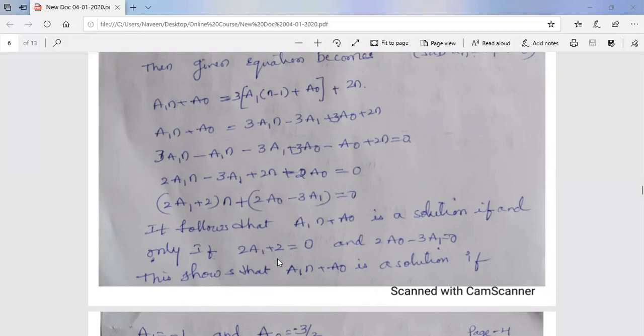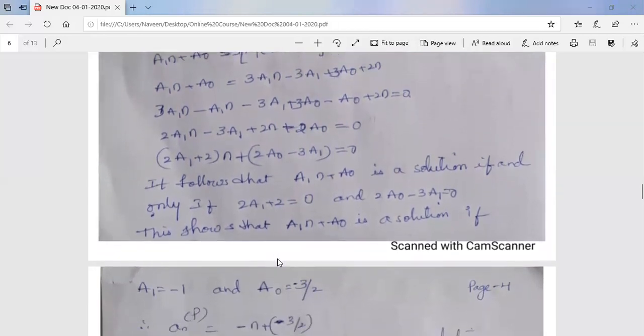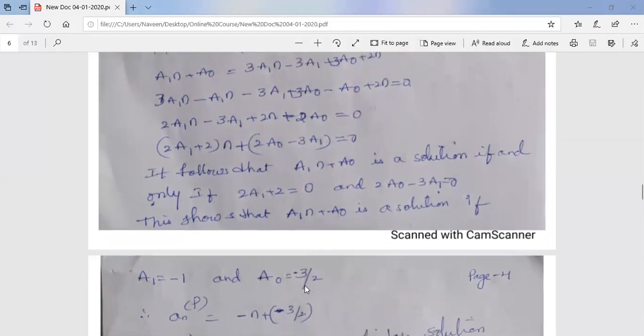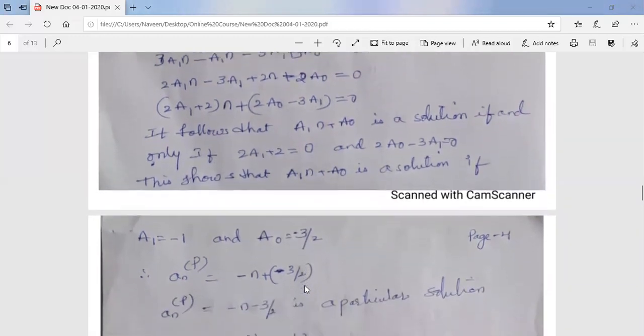From this you get a1 value as minus 1, and by substituting a1 as minus 1, 2a0 plus 3 is equal to 0, so a0 is equal to minus 3 by 2. Therefore, we got the a1 and a0 values.